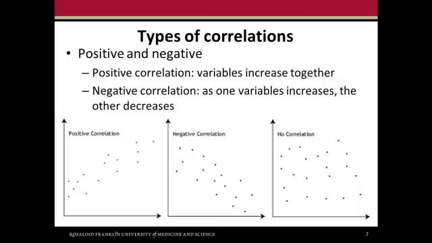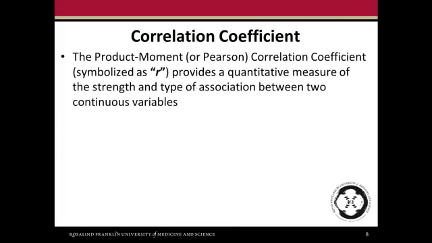So as we increase our level of x, so we could be increasing our levels of pollution, if there's no effect on health at all, we would expect the plot on the far right. And when we look at a correlation coefficient, the product moment or Pearson correlation coefficient, which we call R, provides a quantitative measure of the strength and type of association between two continuous variables.